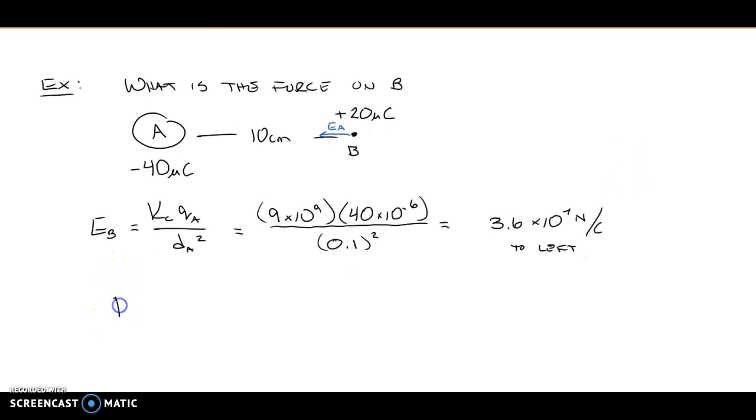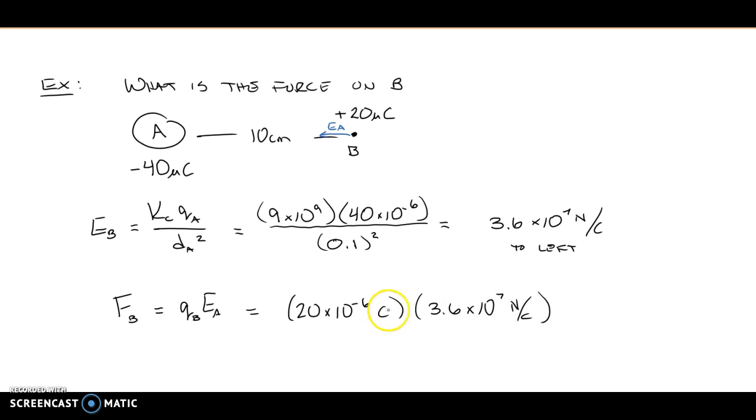If I want to find the force on B, that's just the charge of B times the field strength at B from A, which is 20 microcoulombs, 20 times 10 to the negative 6 coulombs, times 3.6 times 10 to the 7 newtons per coulomb.